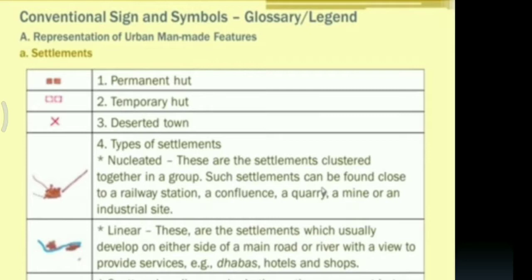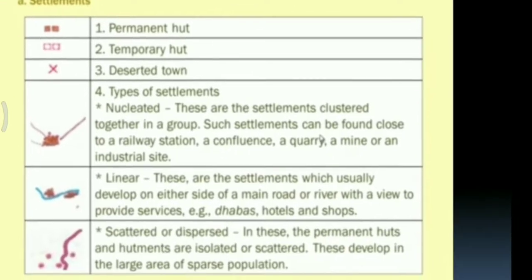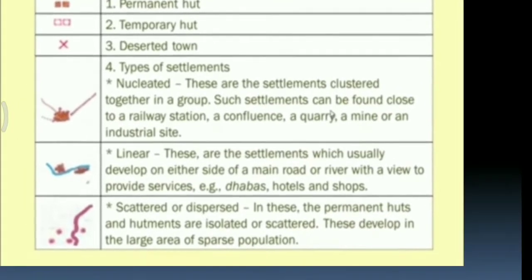For road and for settlement we use red color. So, the types of settlement, three types in your book, we have to discuss here.